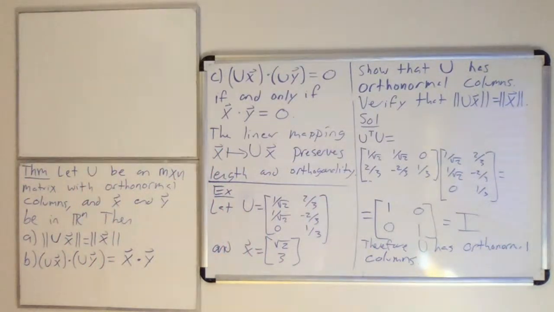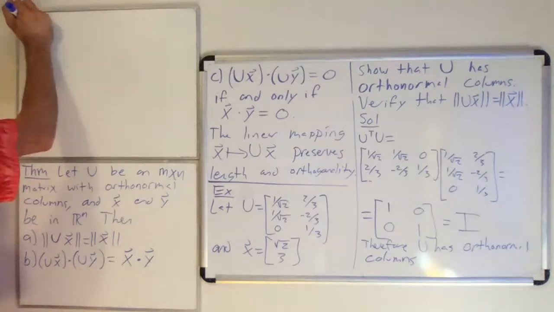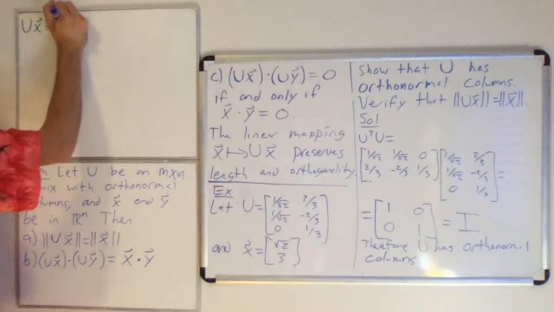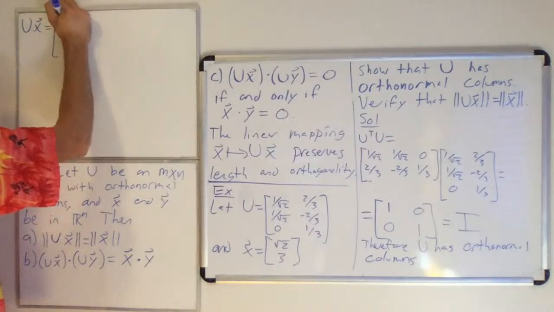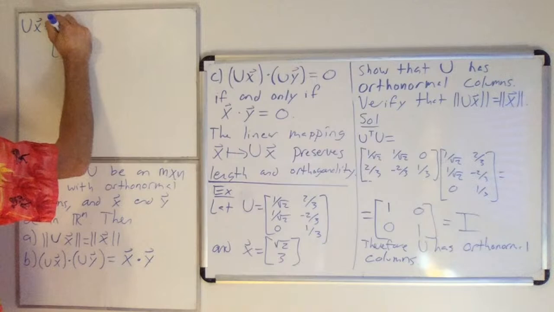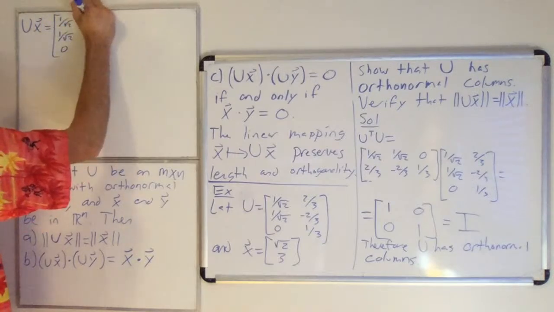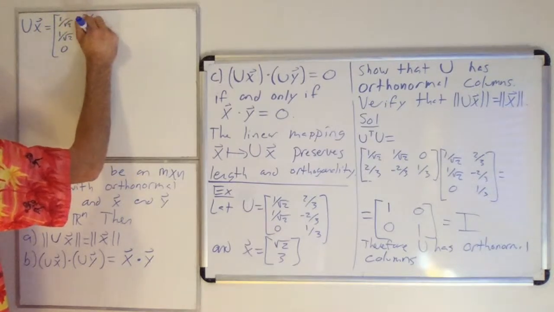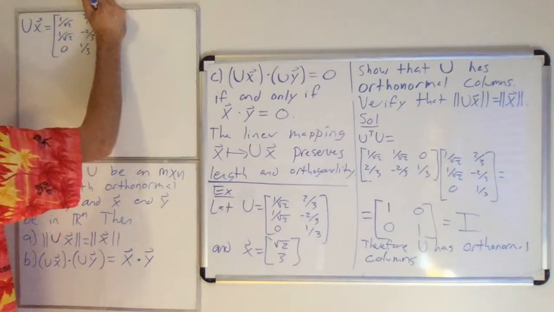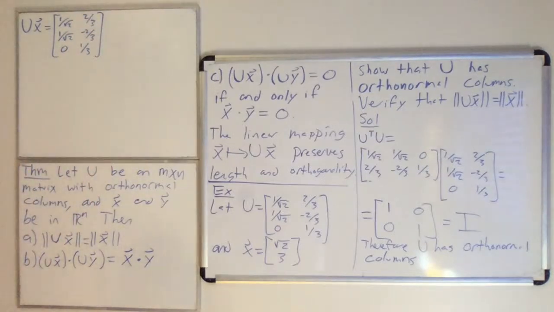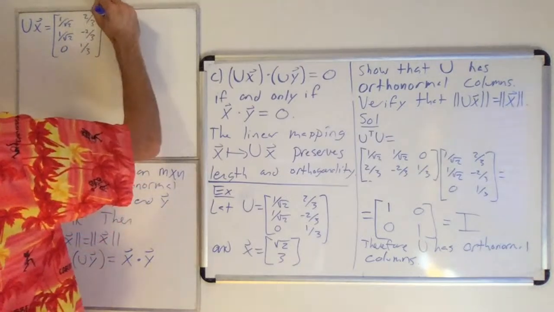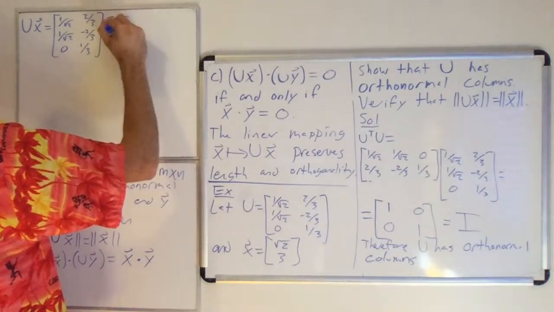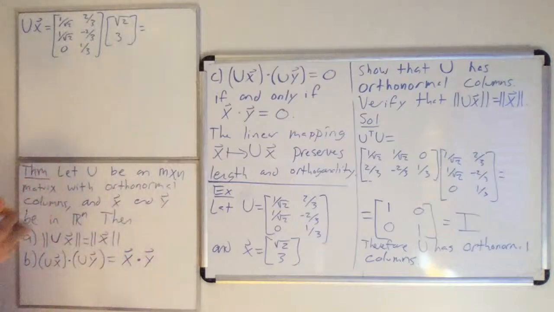Okay, and now the second part of the question is verify that the length of Ux is equal to the length of x. So let's find the vector Ux. So we take the matrix U times the vector x and just multiply it out.